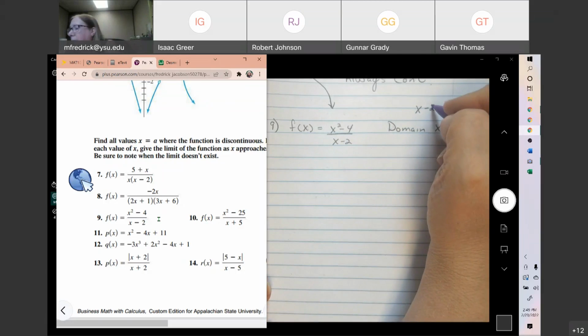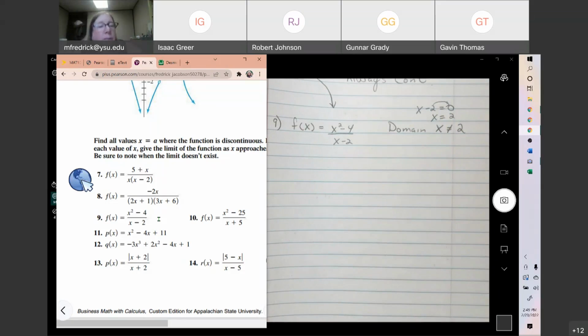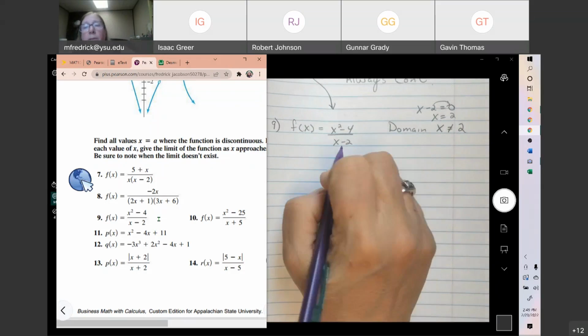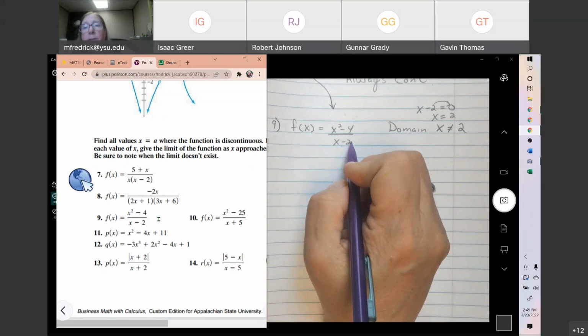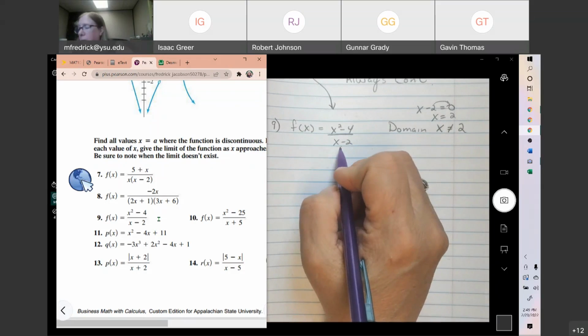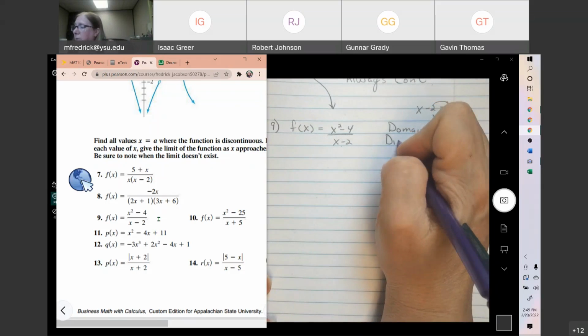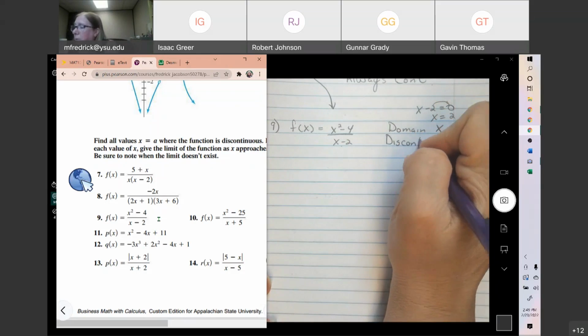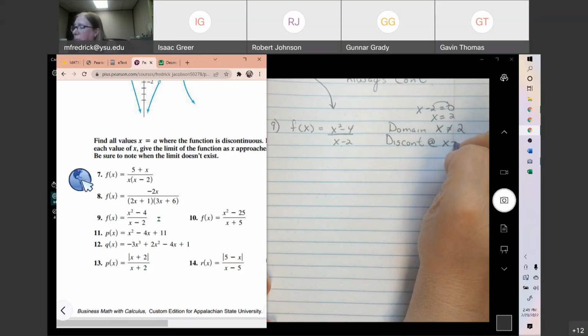I'm going to add the 2 to the other side. So did you get 2? x cannot equal 2. Because that will give us 0 in the denominator. 2 minus 2 is 0. That means it's discontinuous at x equals 2.